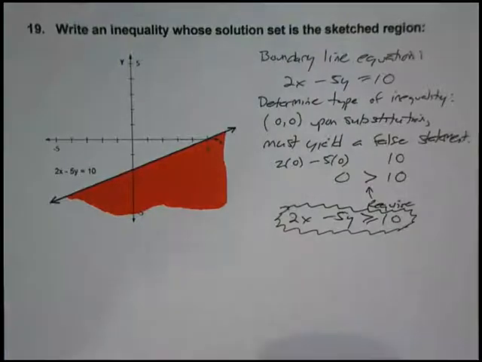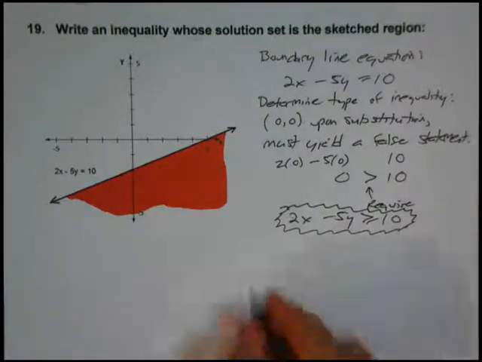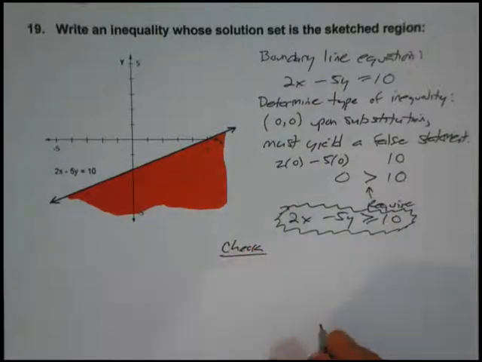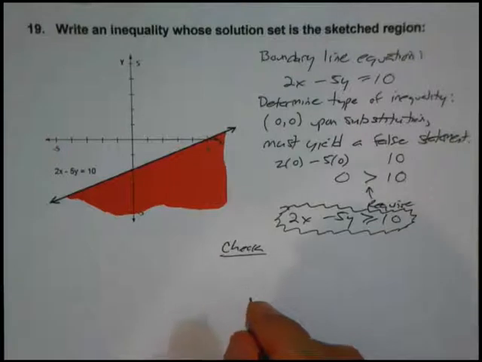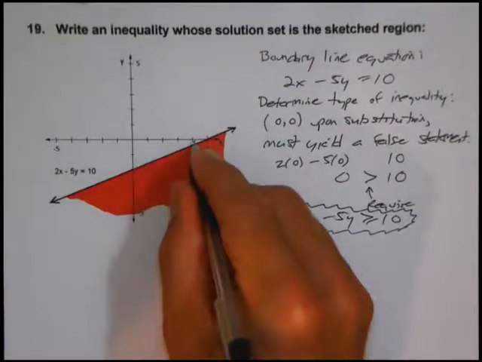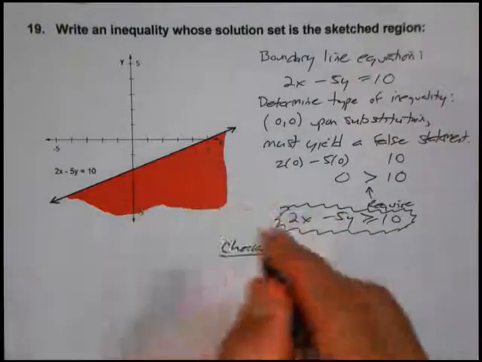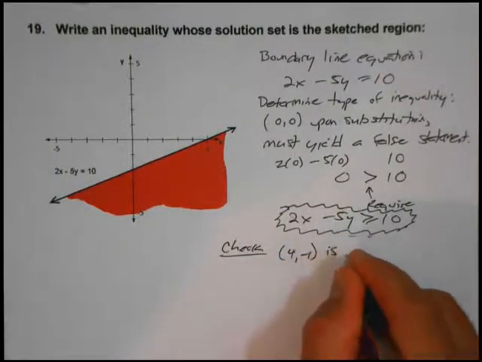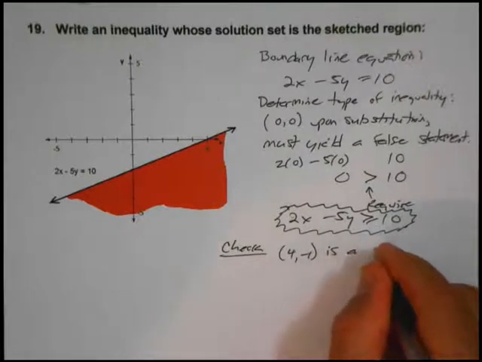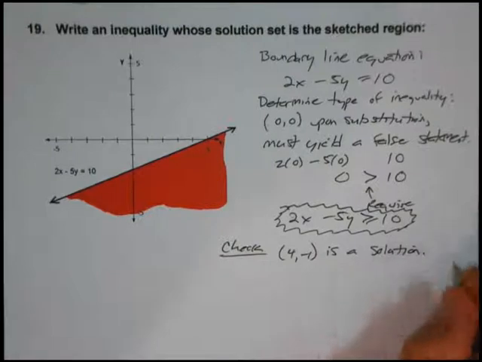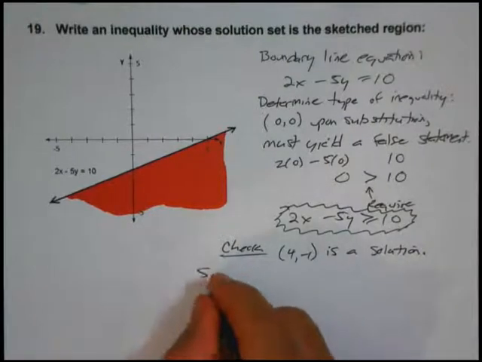Just in case we went a little too fast and made an error, a check. Okay, maybe now we choose a point that is clearly in the solution set. Maybe out here. How about 4, negative 1? Okay, 4, negative 1 is a solution because it's in the shaded region. So let's substitute this into the inequality.